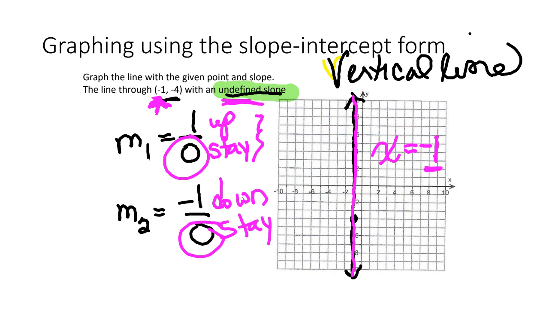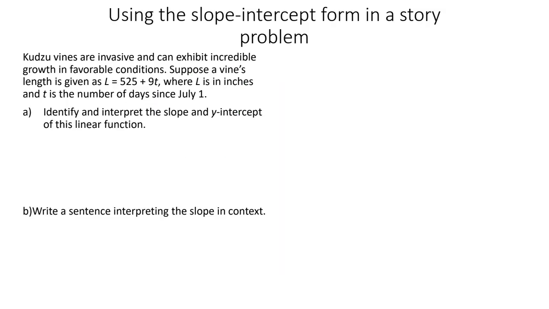Okay? Now, story problem time. This is where we are going to do some interpretation. They're going to give you an equation, and you just have to be able to interpret it. This says kudzu vines are invasive and can exhibit incredible growth in favorable conditions.